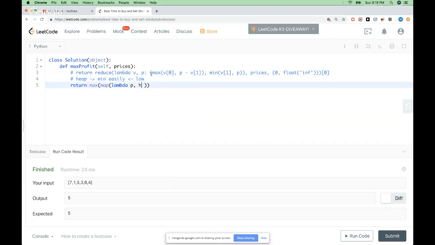And so we can have a function that receives the price value and a heap that contains all the prices before, so that we can extract the lowest value by just doing h0, because in a heap, that would be the lowest value.